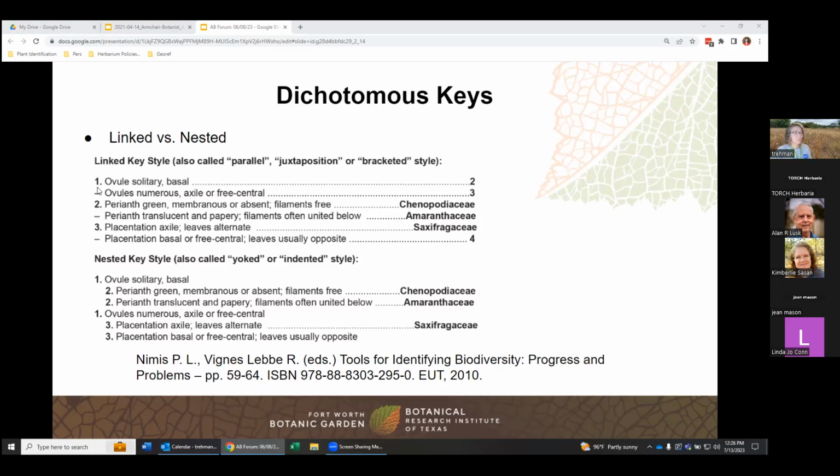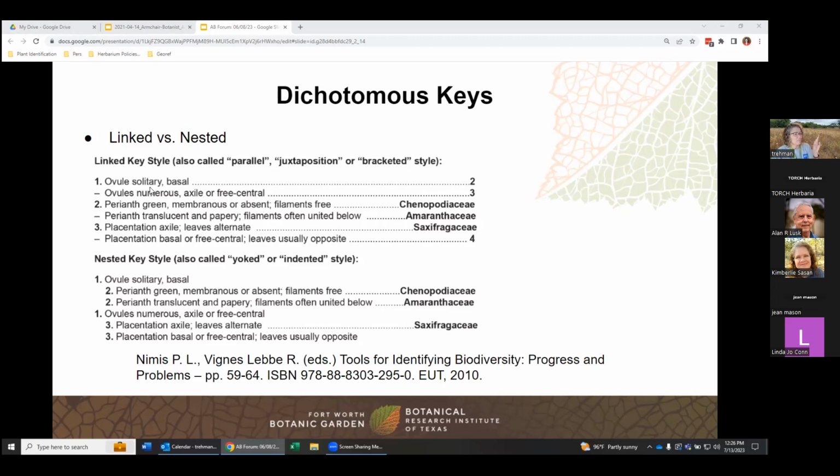So your linked key is where your couplet, or your two options, are right next to each other. So number one: ovules are solitary and basal, or ovules are numerous, axile, or free central. These are botanical terms, in terms of how the ovules are attached to the wall.